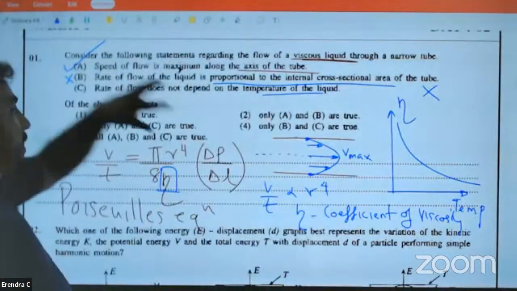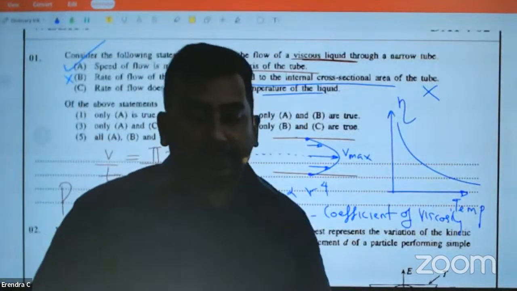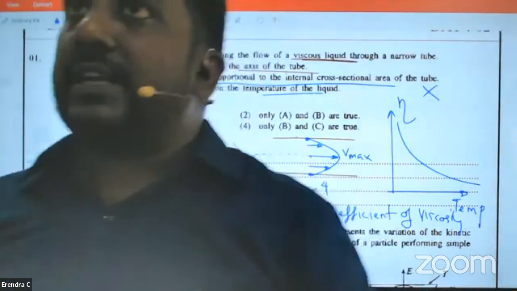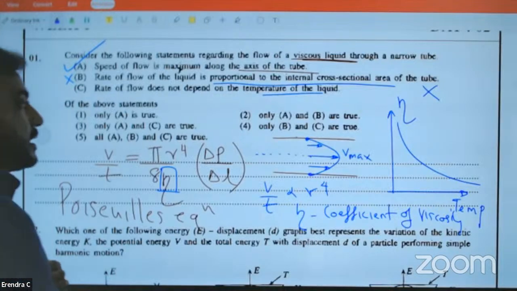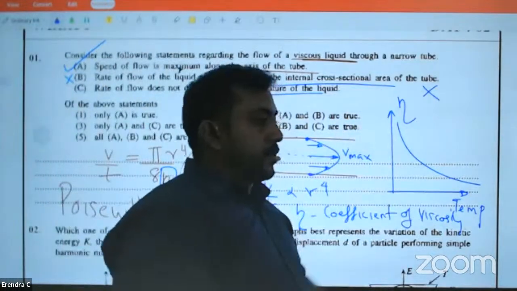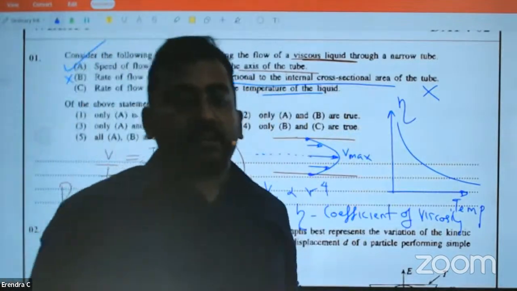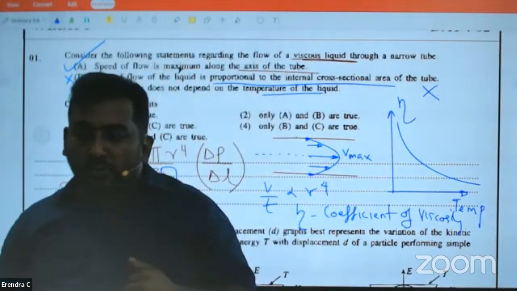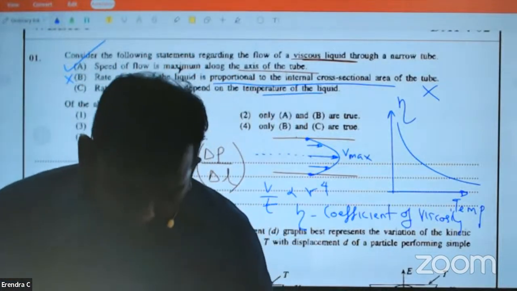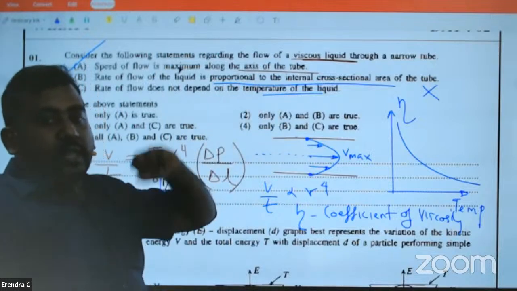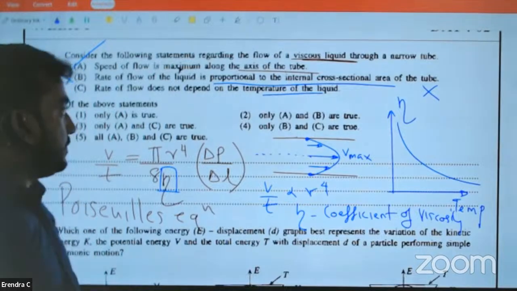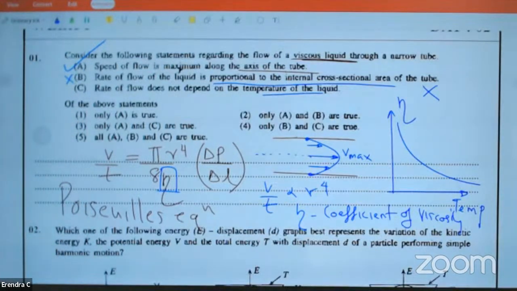Therefore, the volume flow rate will also depend on the temperature.